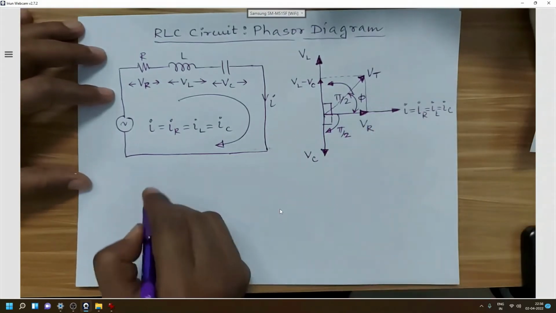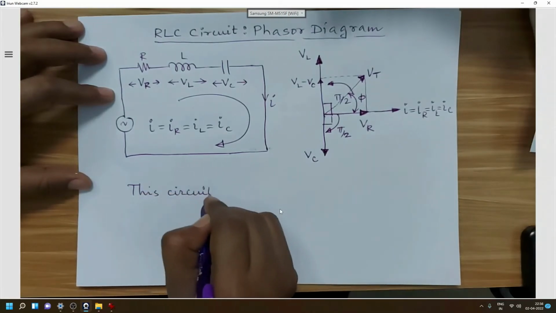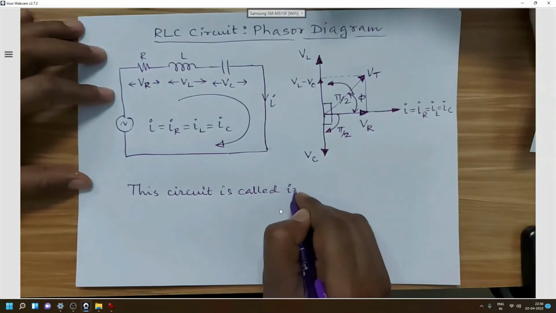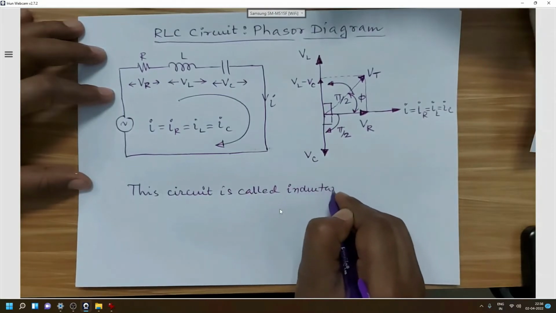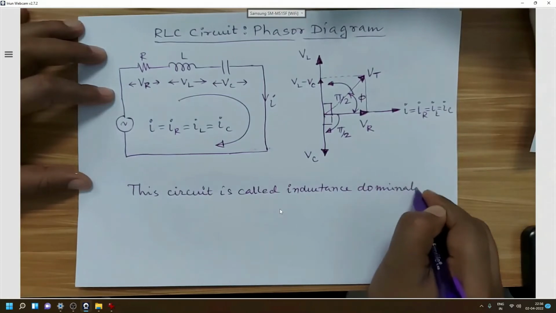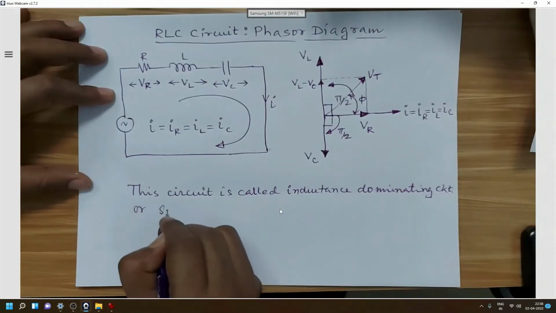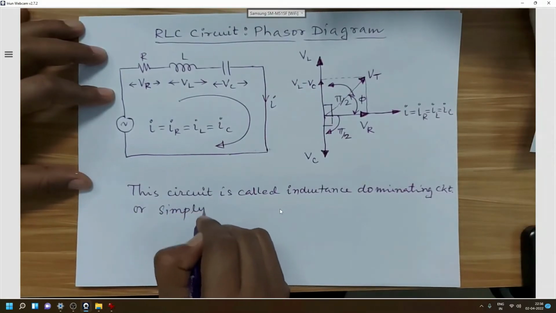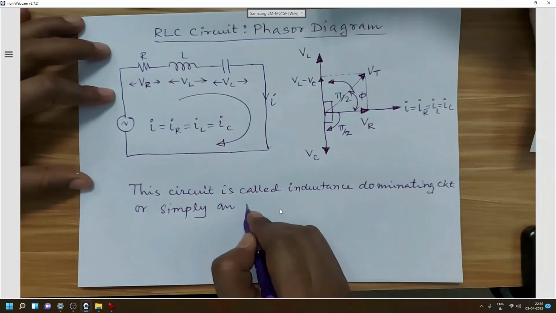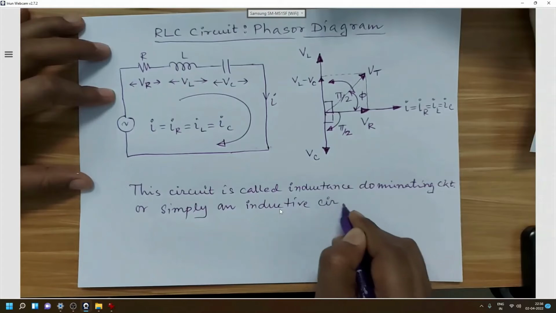So this circuit is called an inductance dominating circuit, or simply an inductive circuit.